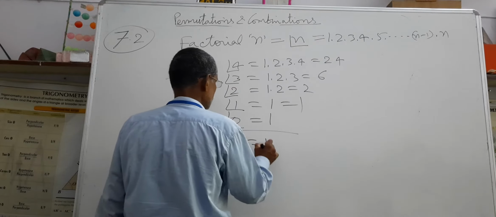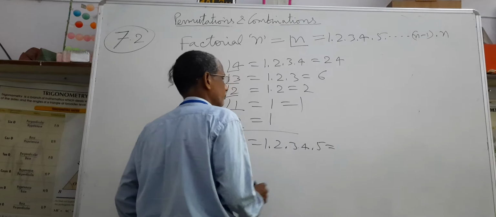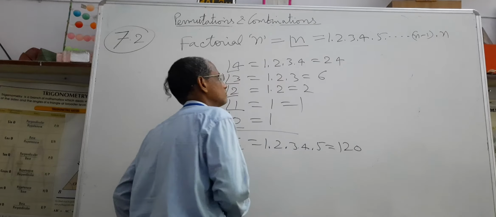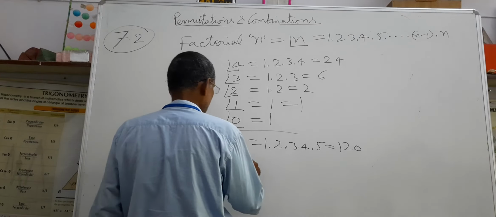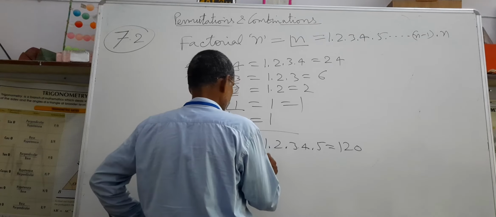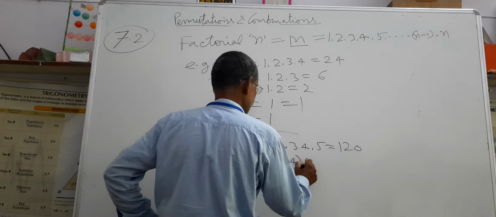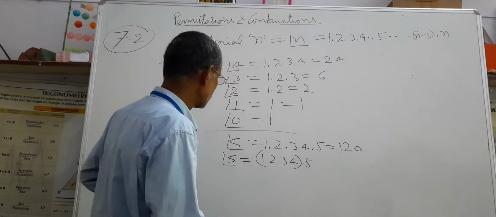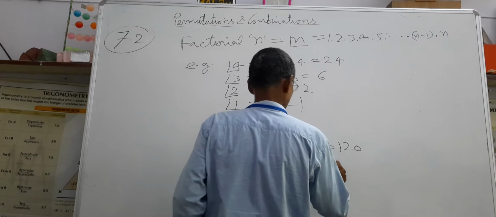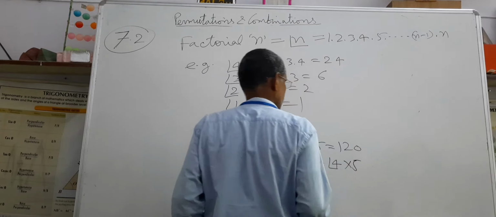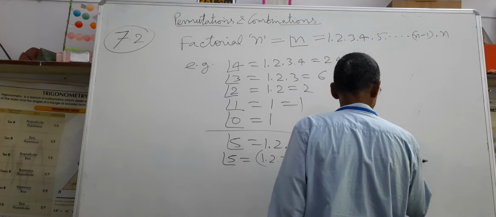Factorial 5 is equal to 1 into 2 into 3 into 4 into 5, which is 120. Now, factorial 5 can also be written as 1 into 2 into 3 into 4 into 5. Here 1 to 4 is written as factorial 4, into 5, which can simply be written as 5 into factorial 4.